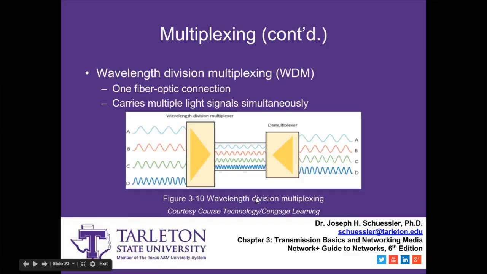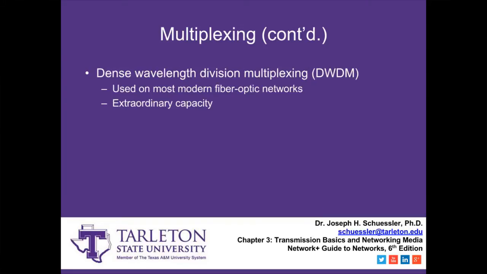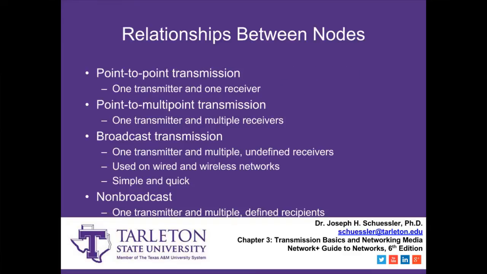And then you have wavelength division multiplexing, which is what I was talking about just a second ago. It uses fiber optic to be able to use a single communications medium for multiple signals. Then dense wavelength division multiplexing, again, just another way of being able to do that.